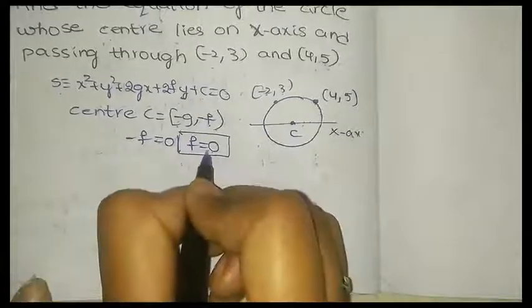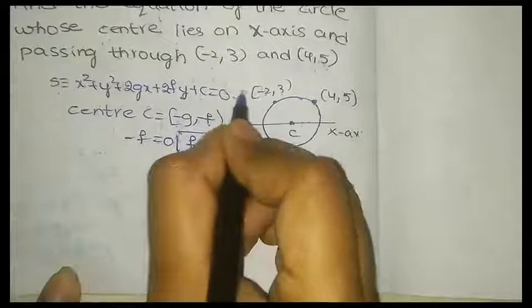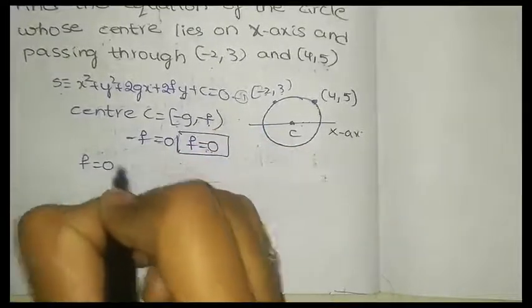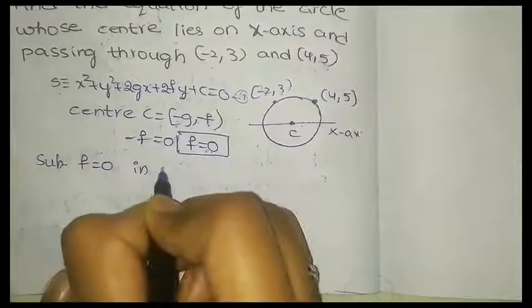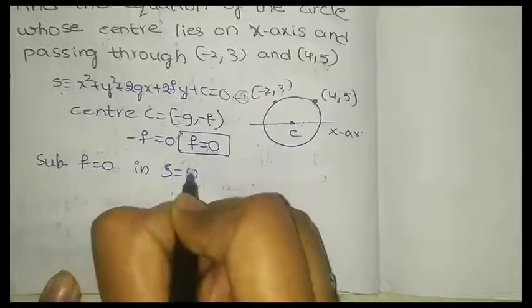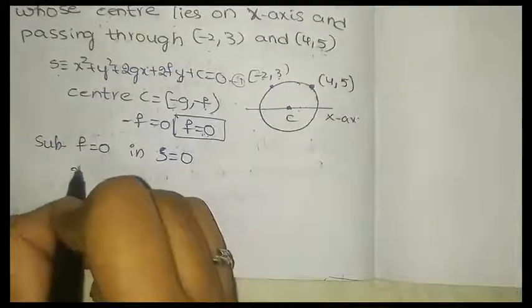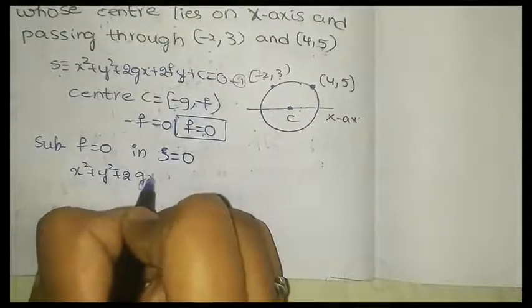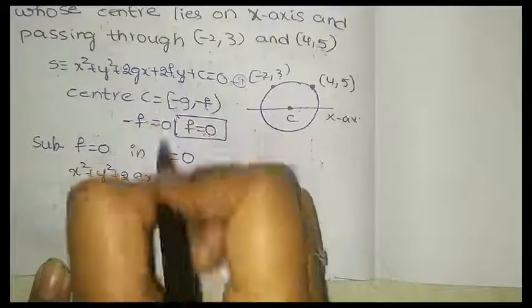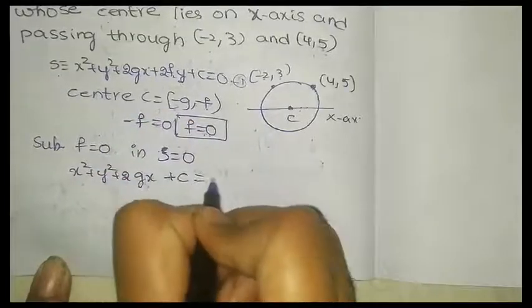Now substitute f equal to 0 in S equal to 0. Then the equation will be x square plus y square plus 2gx. F is 0, so this term will disappear. So plus c is equal to 0.